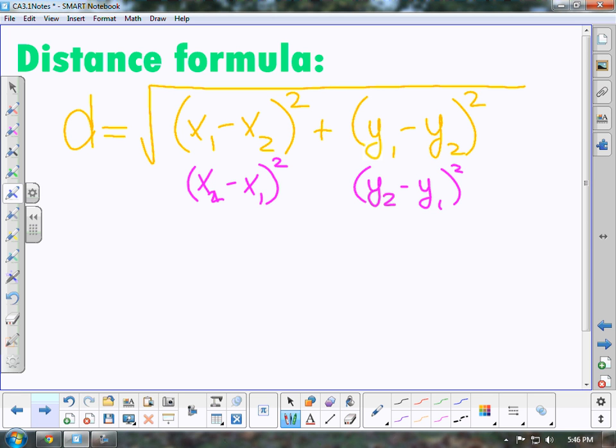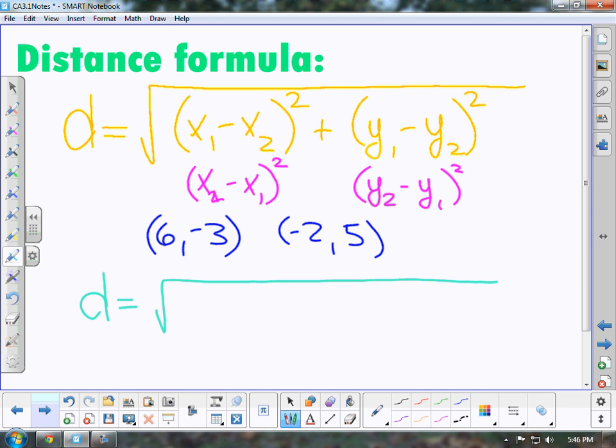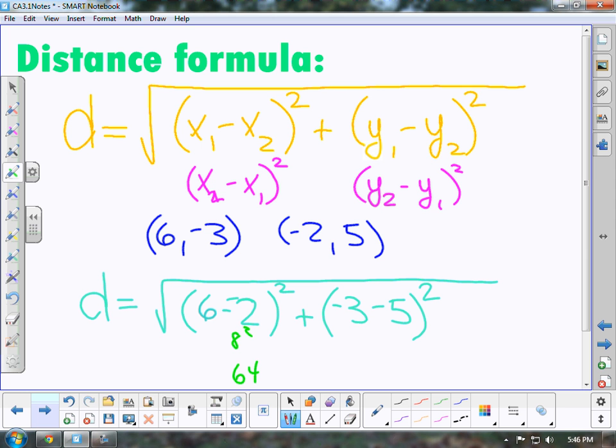So it's your choice. Using the same 2 coordinates again, which were 6, -3, and -2, 5, just to show you how this works, even though we already know this answer, we would say the distance equals, and now we would take the x values, 6 minus a -2 squared plus -3 minus 5 squared. 6 minus a -2 is 8, and 8 squared is 64. -3 minus 5 is a -8, and a -8 squared is a positive 64 as well.